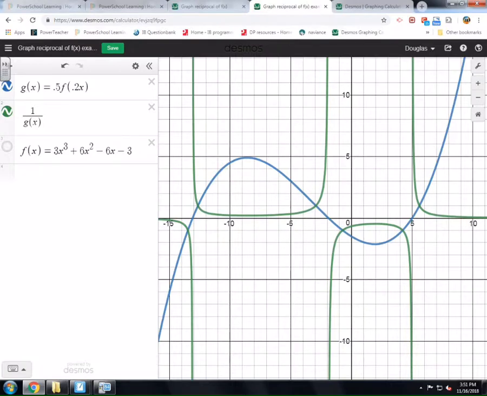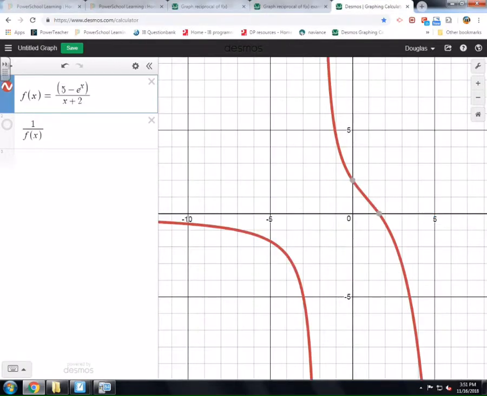Feel good. We can do the same thing here. This is an interesting graph. It's got a bunch of weird stuff happening, but if I just take that analysis one step at a time, I should be able to make a nice little reciprocal thingy. So first of all, I find the easiest point is the x-intercept. The x-intercept becomes an asymptote when reciprocated.